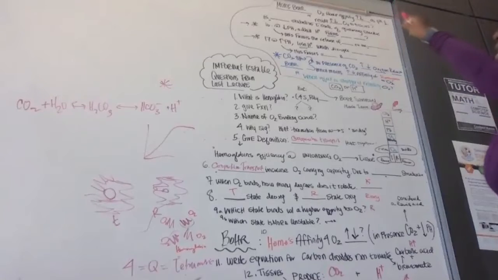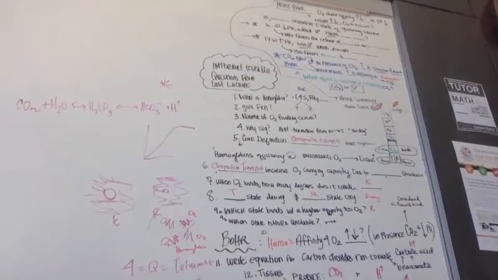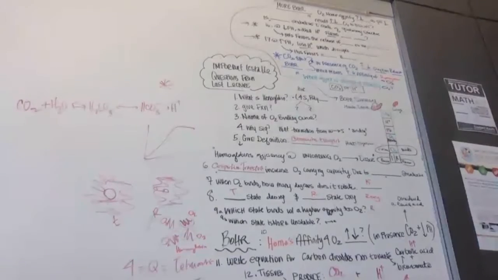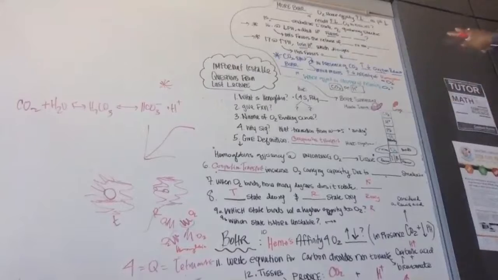The way I'm trying to word it is, do you have more oxygen in the tissue or less oxygen in the tissue? If it's getting released, where does it go? In the tissue, right? So you have more there because it's getting released from the lungs to the tissues. Yes. The reason why I said release, now I'm talking about how much, relatively in general, is there a lot of oxygen there now or little?